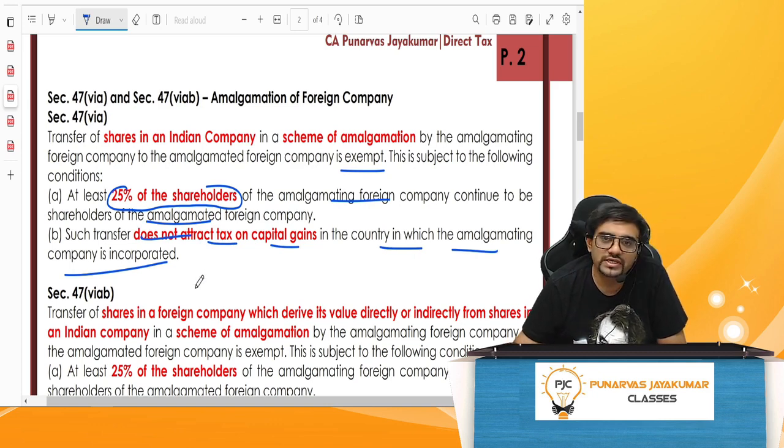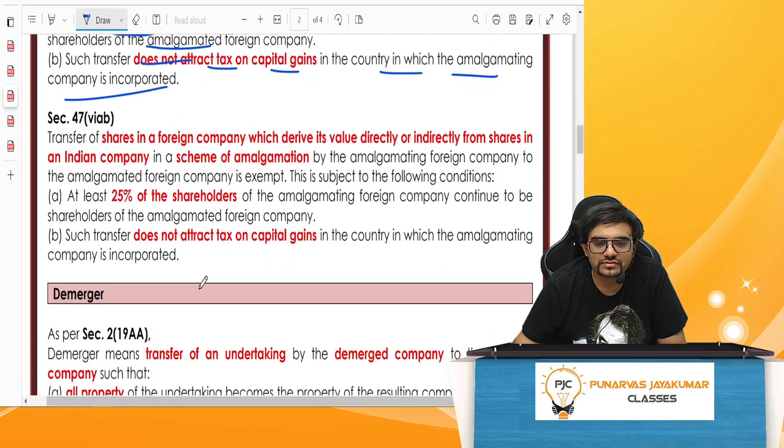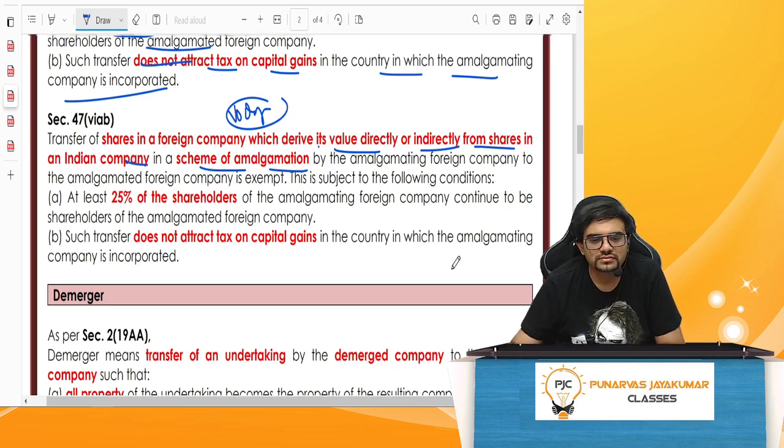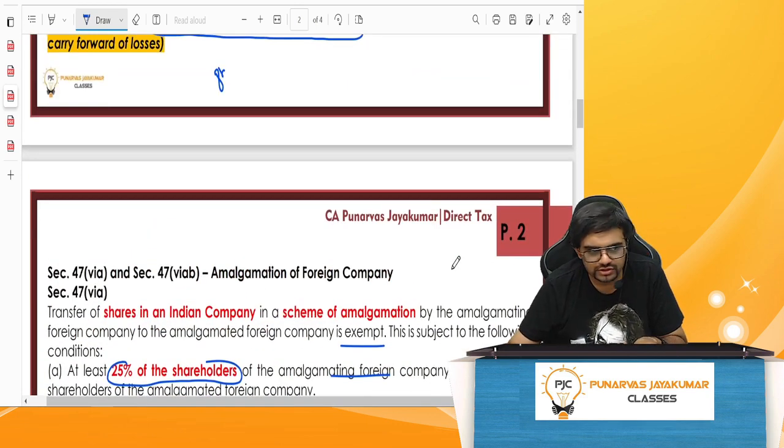This you have also seen in international taxation. Transfer of shares in a company which derives its value directly or indirectly from an Indian company in a scheme of amalgamation. This was our classic example of Vodafone. If you remember, in international taxation, we did this. So that is about amalgamation.